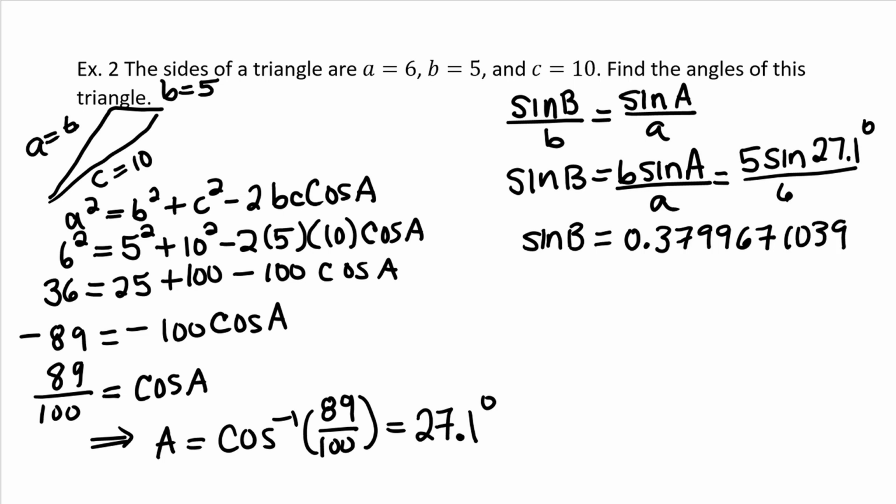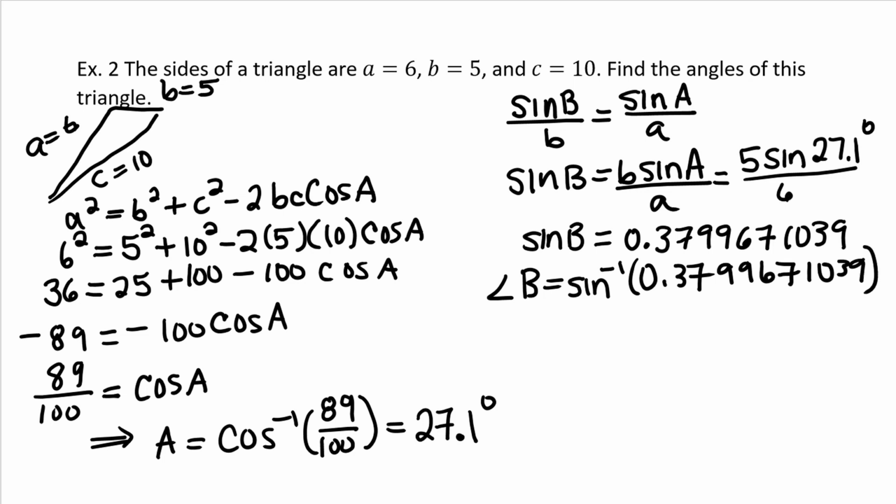We want B, so remember we're solving for the angle, B is going to be the inverse sine of 0.3799671039. Use your calculator to get the inverse, and that value should be close to 22.3 degrees.